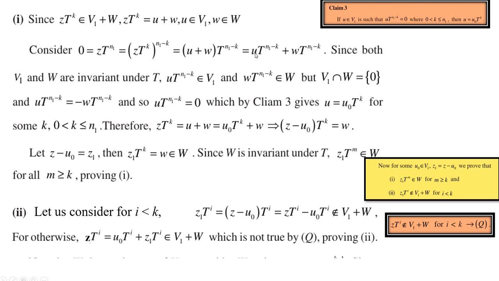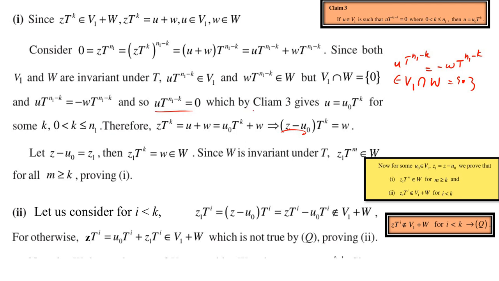So when you take it to the other side, it is U T power N1 minus K equals minus W T power N1 minus K. This as such belongs to V1, and this being equal to this, which is in W, belongs to W also, so it is in the intersection. But this is nothing but the singleton 0, and so you have U T power N1 minus K to be 0.